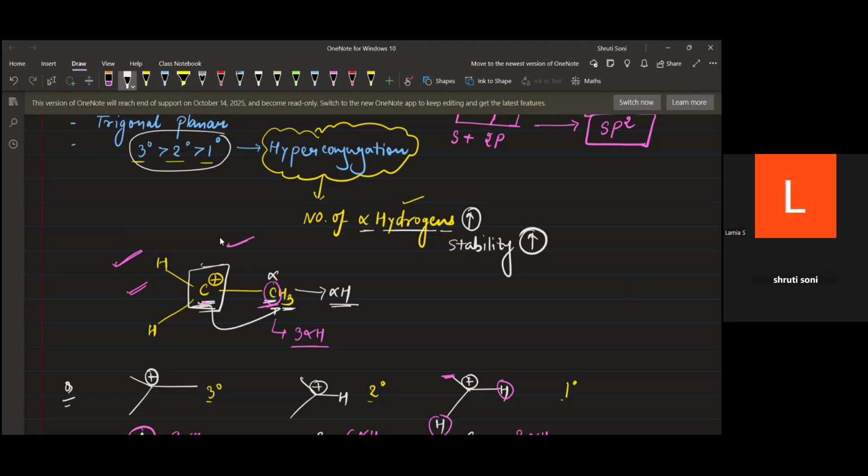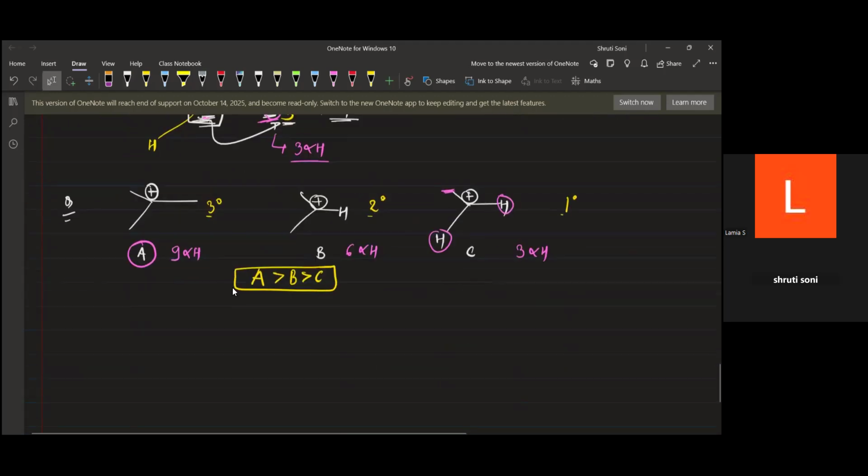If you can answer directly via 3 degree, 2 degree and 1 degree, that will help. The other thing is that 3 degree, 2 degree and 1 degree carbons are also stable due to hyperconjugative structures. 3 degree has more alpha hydrogens, 2 degree has fewer than 3 degree but more than 1 degree. So via both hyperconjugation and degree of carbon we can explain the stability.